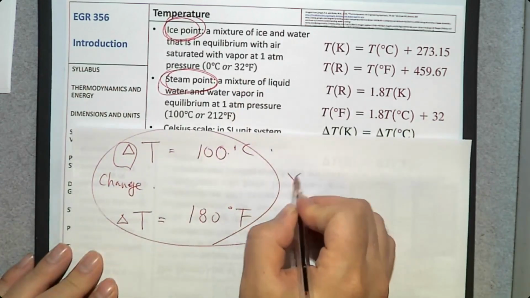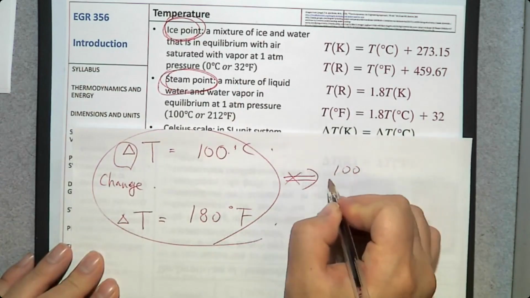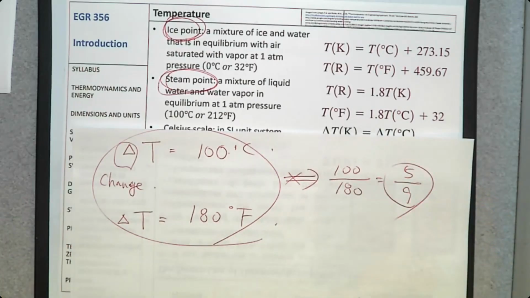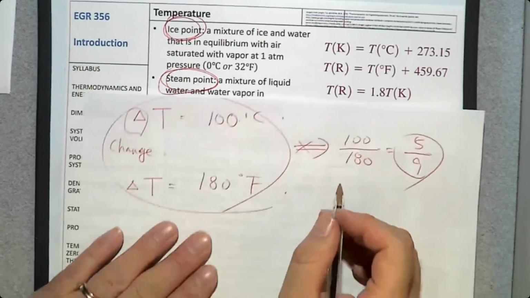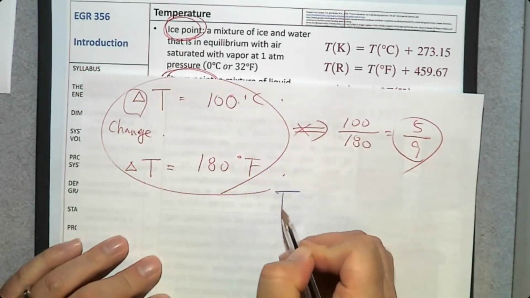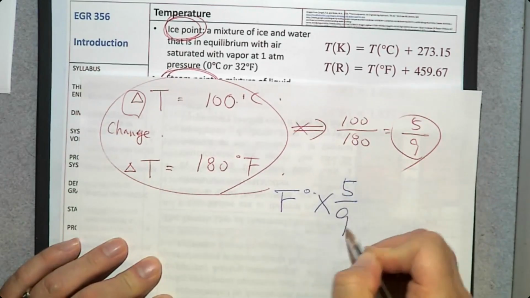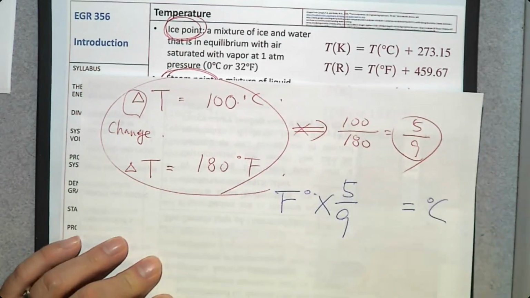So what is the ratio between these two? 100 divided by 180 is going to be 5/9. So the ratio between Celsius and Fahrenheit is 5/9. So if you want to convert between Celsius and Fahrenheit, you use this ratio. If you have a Fahrenheit, you use this ratio, 5/9, then it becomes Celsius.